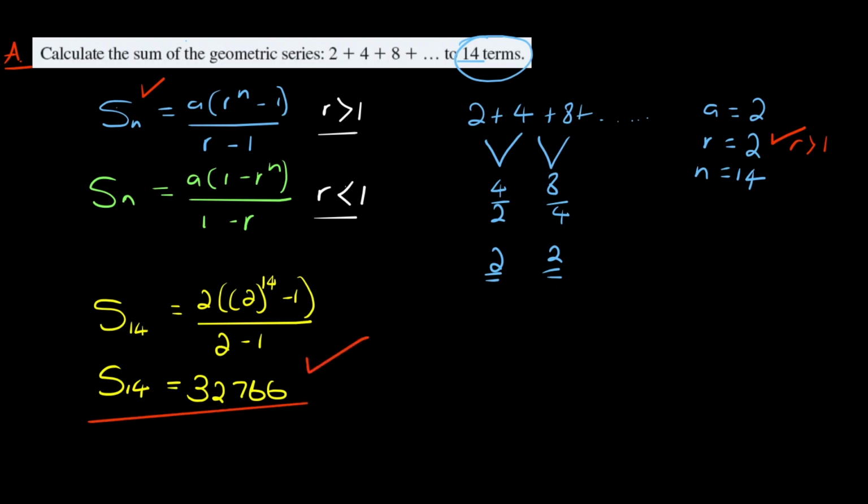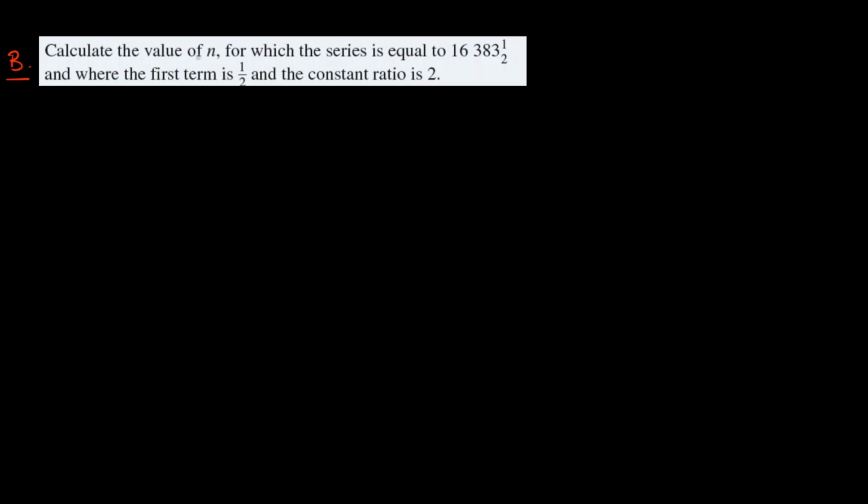So let's move on to the next question, where you're asked to calculate the value of n for which the series is equal to 16,383.5, where the first term is equal to a half and the constant ratio is equal to 2. So we are given that the first term a is equal to a half, and the constant ratio r is equal to 2.